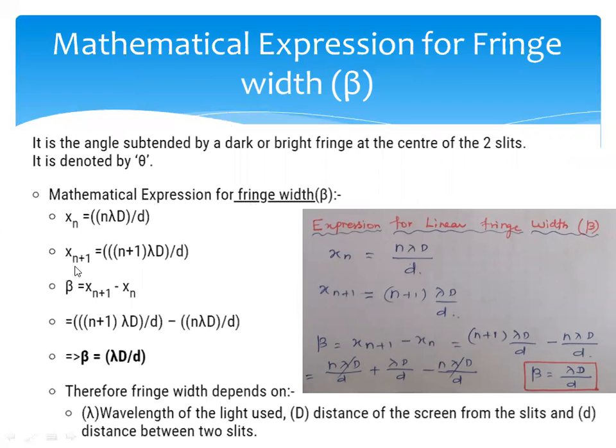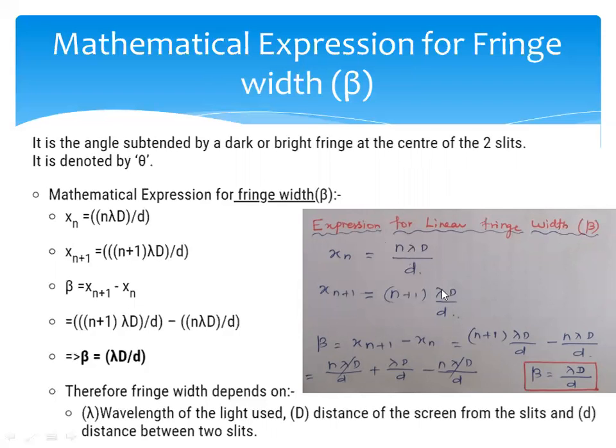Second one, the next fringe, x of n plus 1 is equal to n plus 1 into lambda D by d. N means the nth one, and n plus 1 means the next fringe. I have written it in handwritten form. This is for the dark band also that we have already seen.